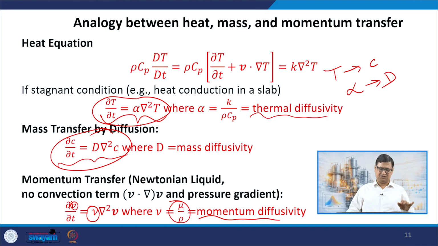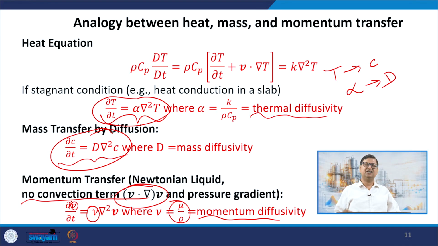But there are some assumptions here. For example, in the actual equation, that is the Navier-Stokes equation, we also have a nonlinear term of this type, called the convective term, and we also have effects of pressure gradients, right. So if we ignore that, then we get something similar to this.